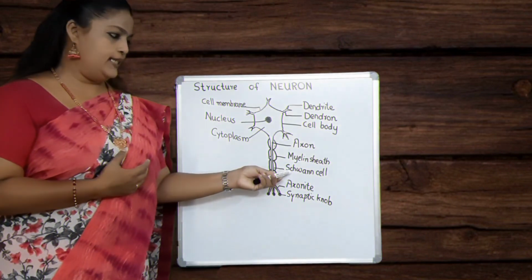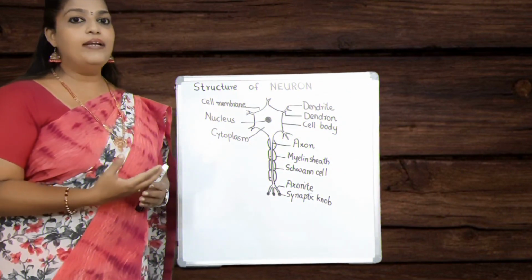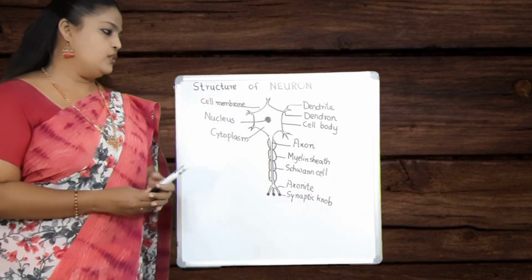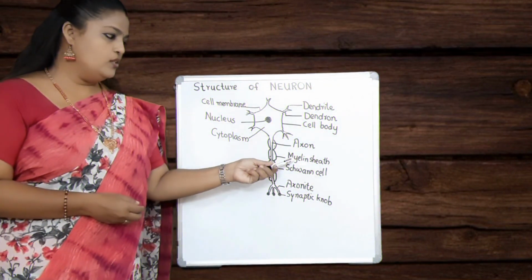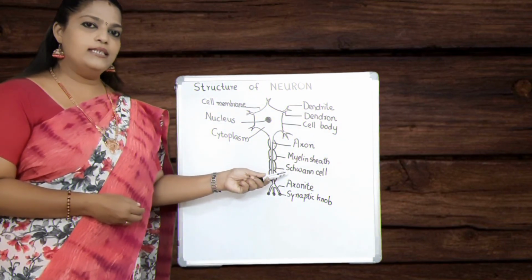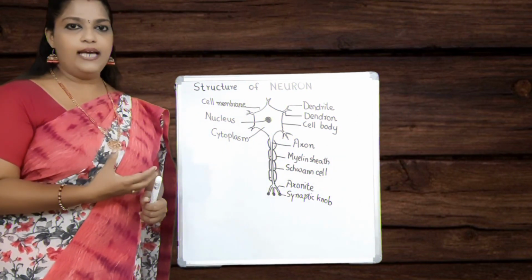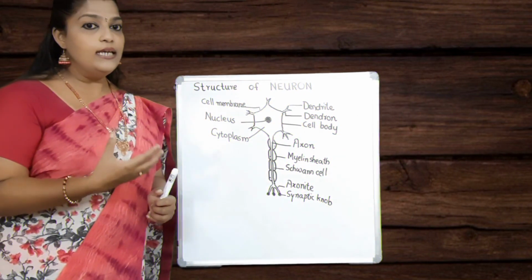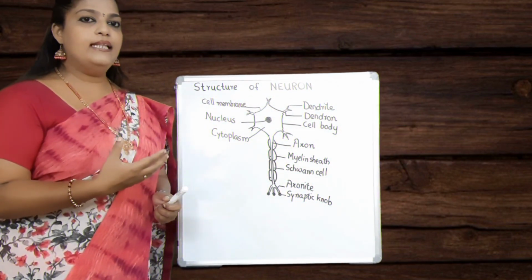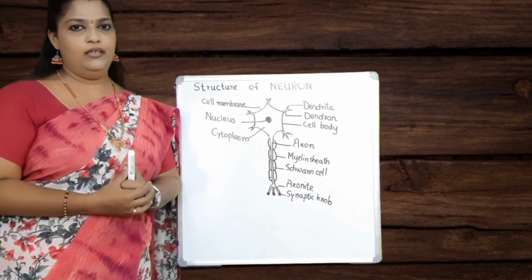The repeated encircling develops a thick layer around the axon that is known as myelin sheath. So how can we differentiate Schwann cell and myelin sheath? Schwann cell is a particular cell which encircles the axon. When the encircling repeats, they form a thick layer around the axon to form myelin sheath.